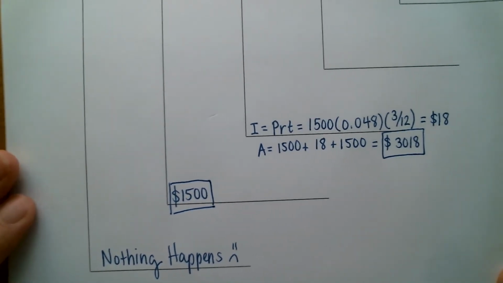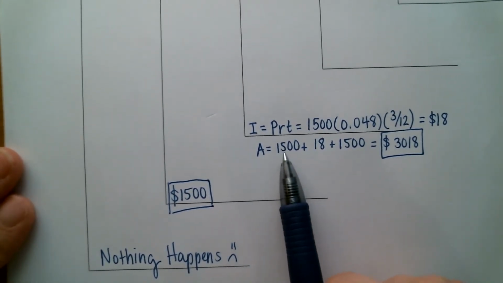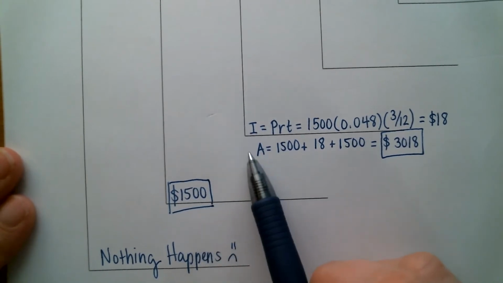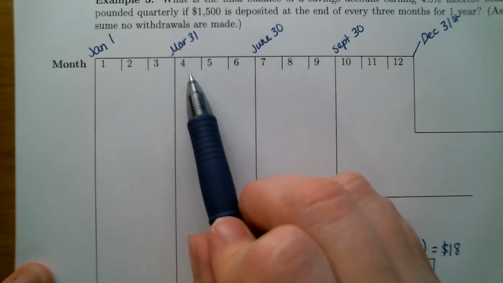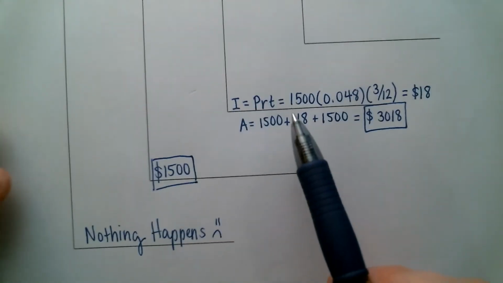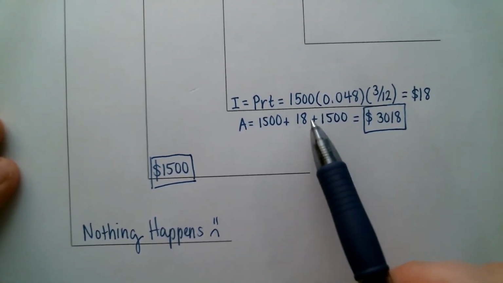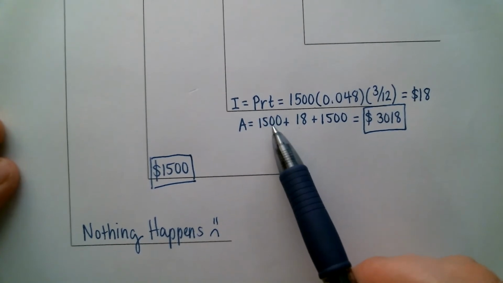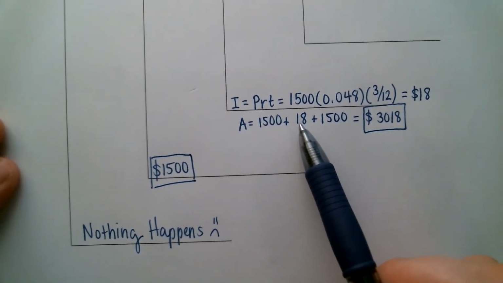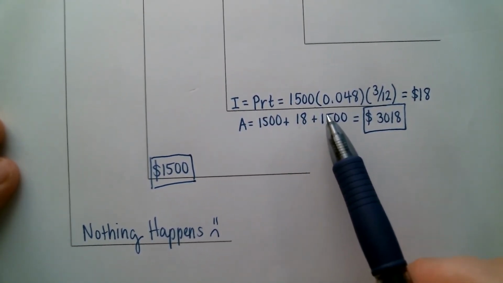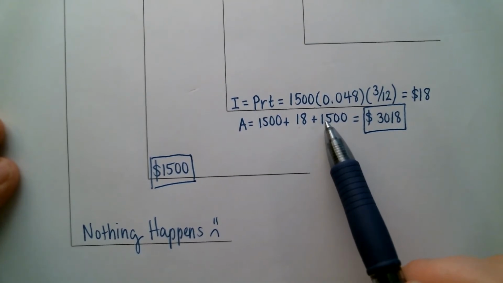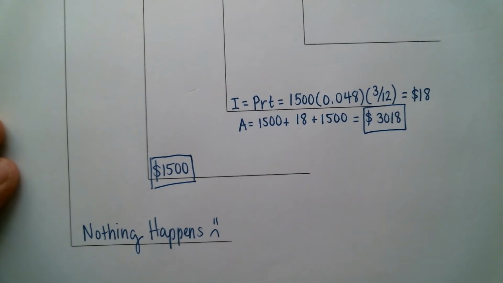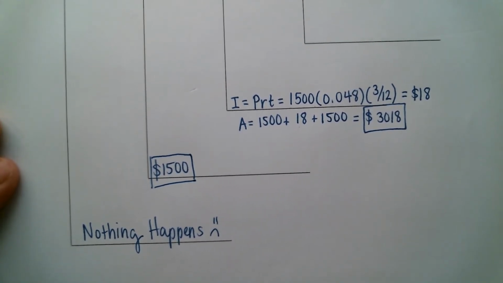Again, this was the initial $1,500 that was deposited over here. It earned interest over April, May, and June. We calculated that interest using the simple interest formula. That was 18 bucks. So initial $1,500 plus the $18 worth of interest. At the end of the quarter, you have to make another regular deposit of $1,500. So you end up with, on June 30th, a total of $3,018.